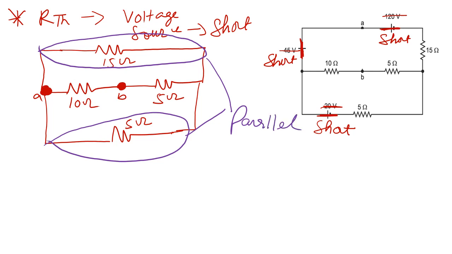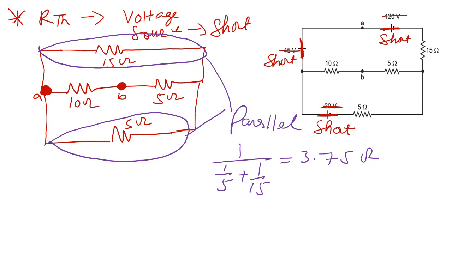If I solve this parallel portion, it is 1 over 1 over 5 plus 1 over 15. After the calculation it will come 3.75 ohm.